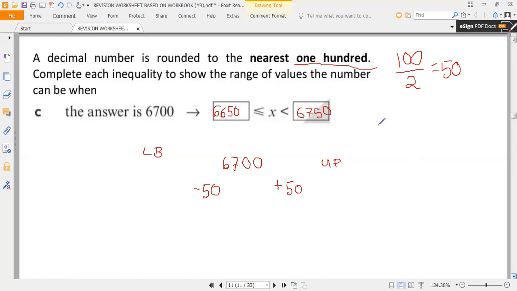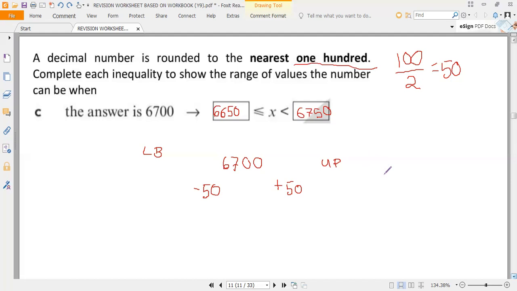Now you don't have to do that for this question, because can you see the symbol here? The symbol doesn't have the line at the bottom, which means 6750 is not included exactly. 6750 is the last number. You have to include only up to the number before that. So because of this symbol, 6750 is the answer there. You don't have to put 6749.999.